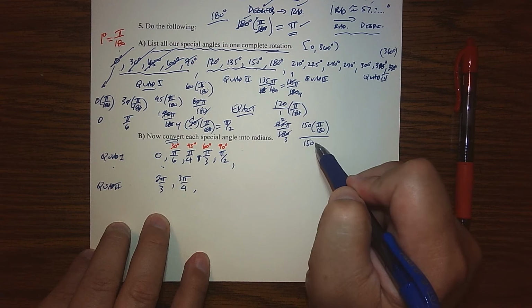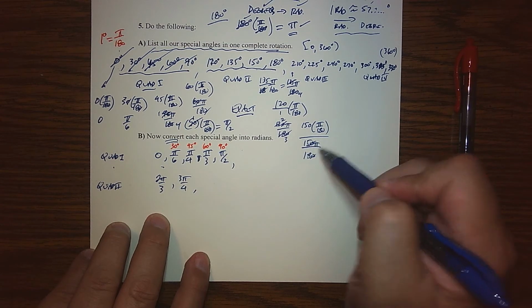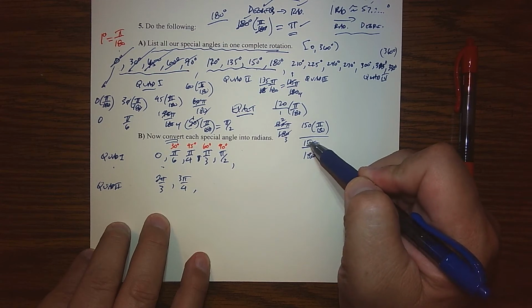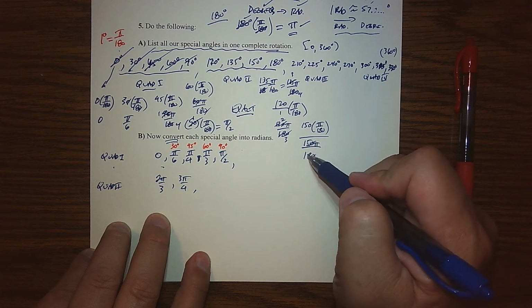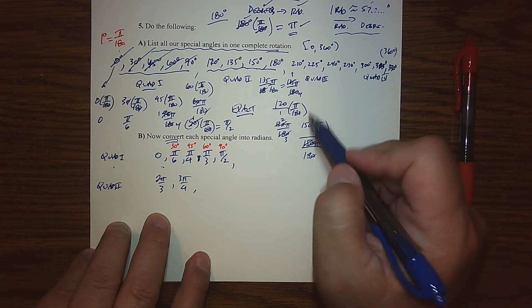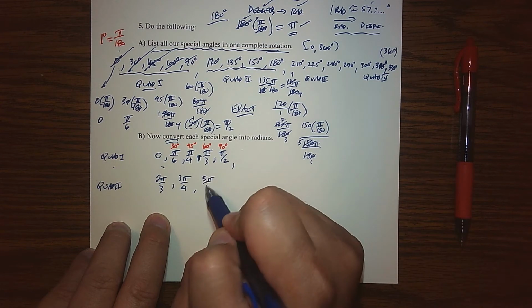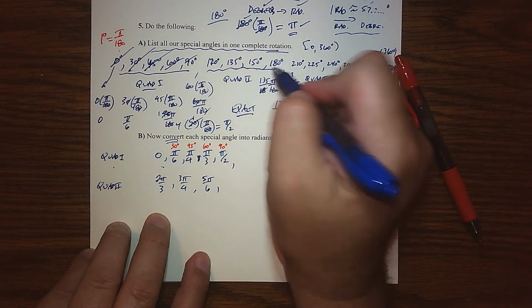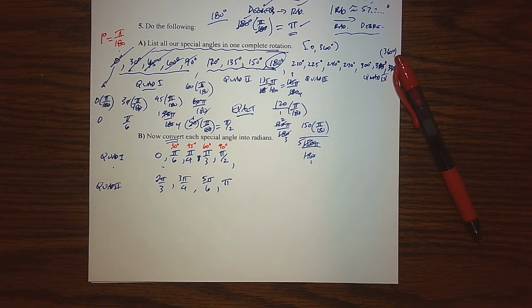That's 150 pi over 180. All right, the zeros cancel out. I think what we have here is 3. Let's see what's common. 3 goes in there 5 times and goes in there 6. So we have 5 pi over 6. And then we already know 180, 180 turns into pi. So there's your quad 2.